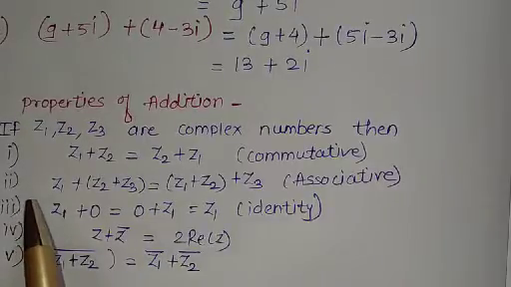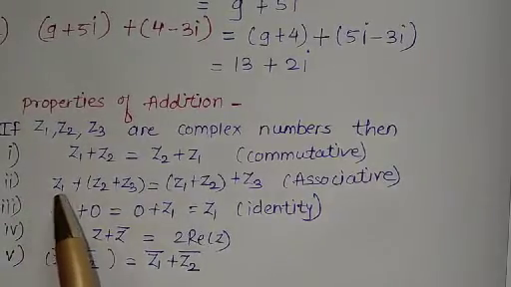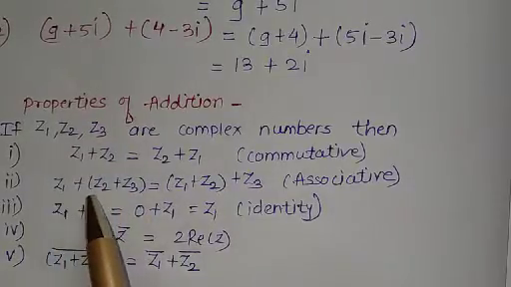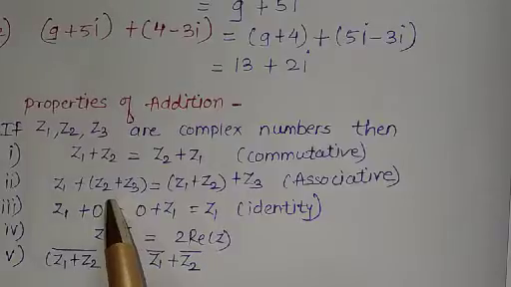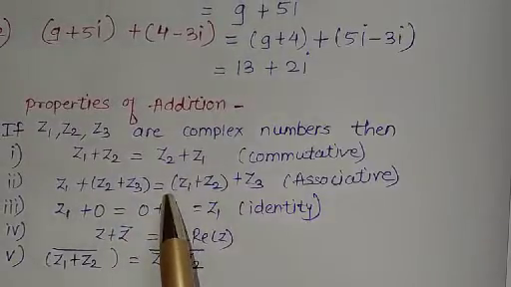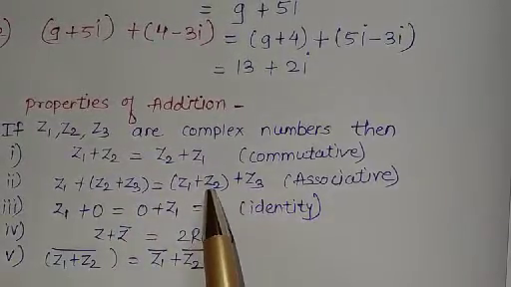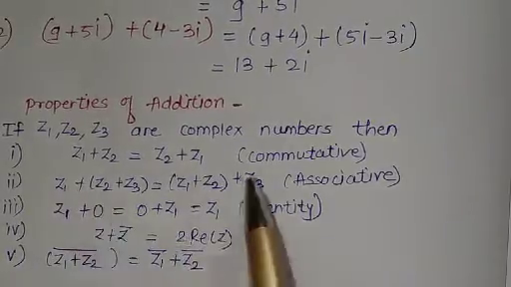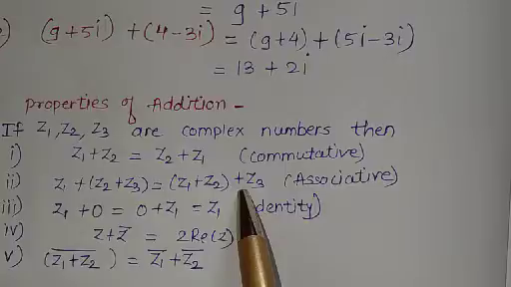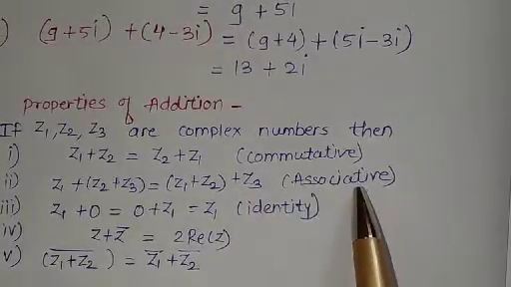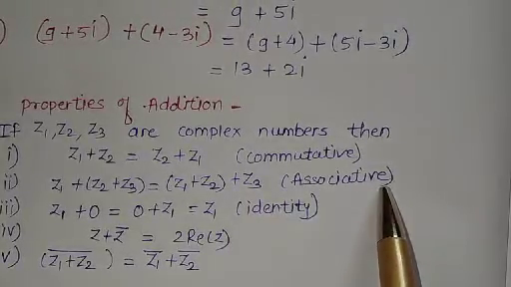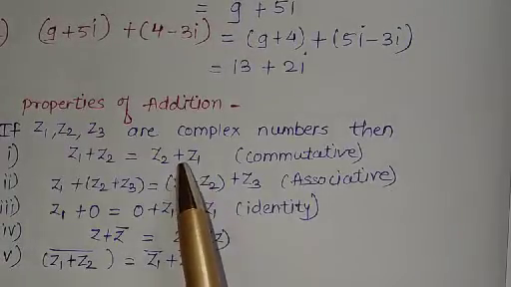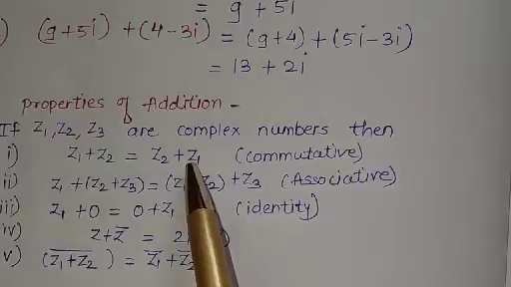For the next property, consider the three complex numbers, that is Z1 plus in bracket Z2 plus Z3 is nothing but Z1 plus Z2, that is addition of these first two complex numbers, plus Z3. This is nothing but associative property. You can simply take any complex numbers in the form of A plus iB.